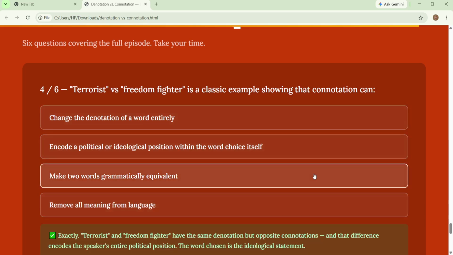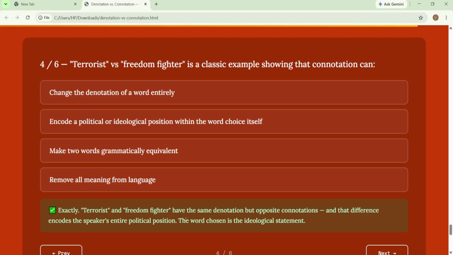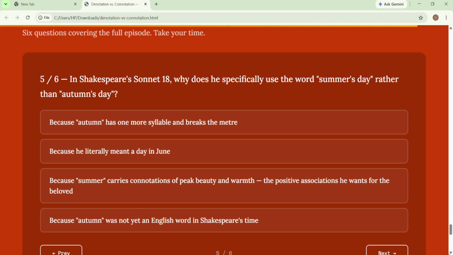Let's look at this one. Option number 2 is correct. It depends upon ideologies, what the word choice decides. So this is it: same denotation but opposite connotation, and the difference encodes the speaker's entire political position. It's an ideological statement.